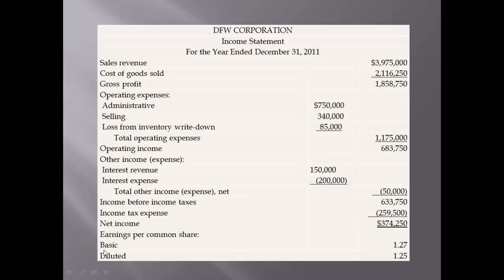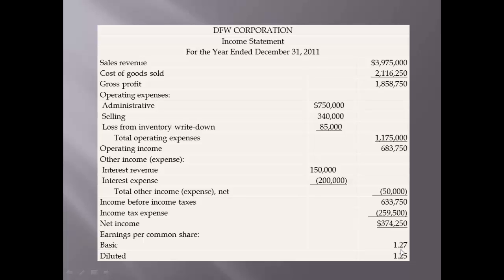Now, the basic earnings per share is computed as net income less any preferred dividends divided by the weighted average number of common shares outstanding for the period. So for DFW Corporation, the basic EPS is 1.27, which means that we pretty much divided net income less any preferred dividends.